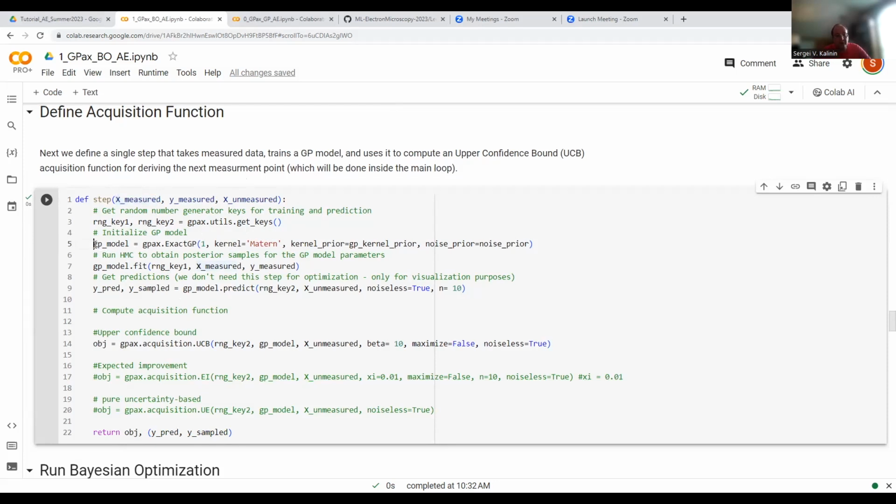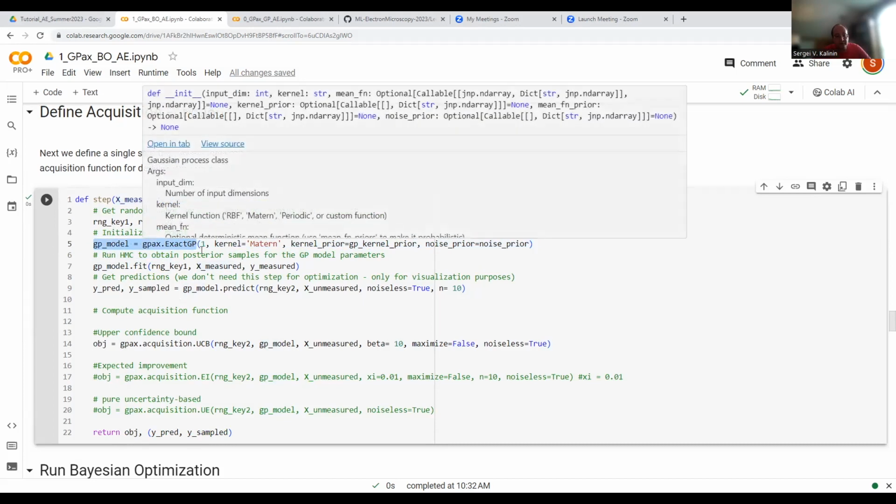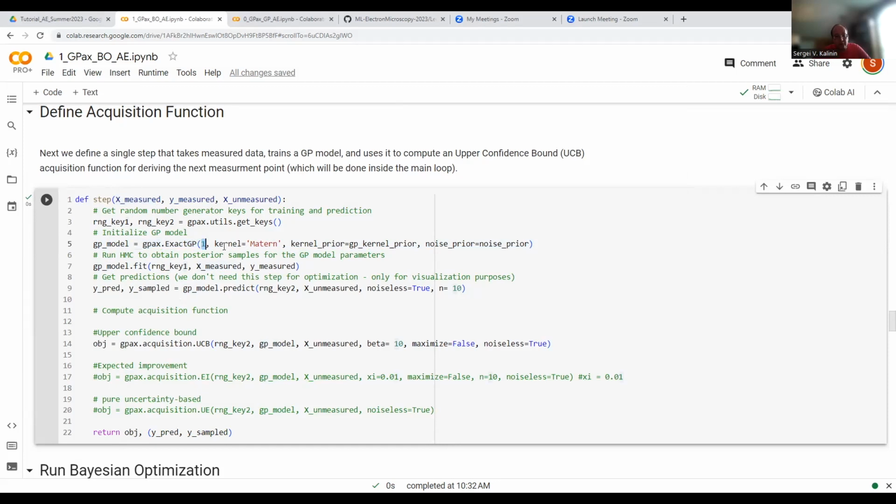The first line of code is defining the Gaussian process model. It's one-dimensional. We use the Matern kernel. We use kernel priors as defined, and we use noise priors as defined. Very simple. Our second step is the fit of the data, X measured and Y measured, by the Gaussian process model. And our third step is the prediction.